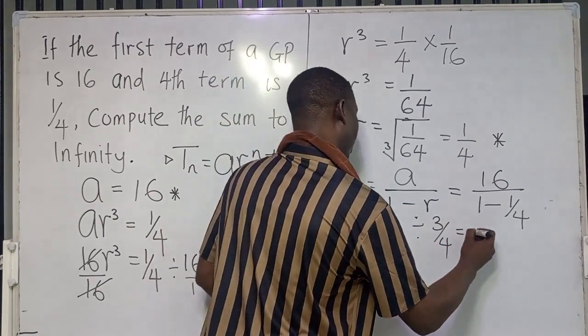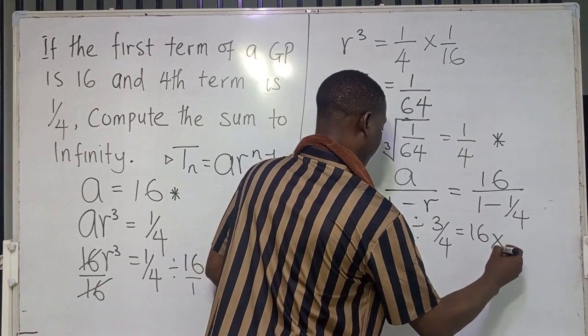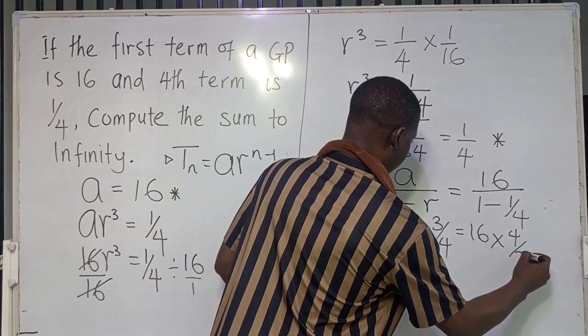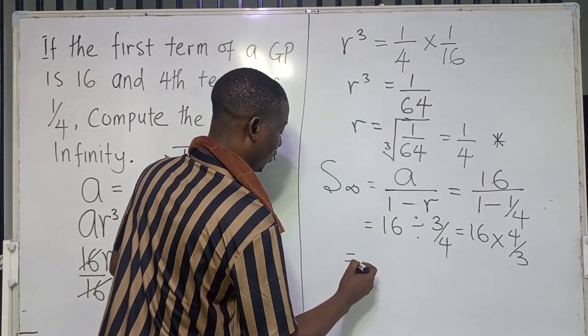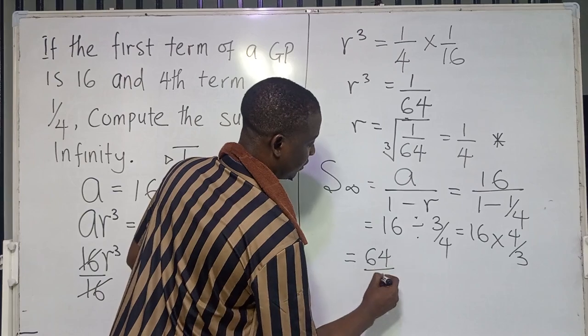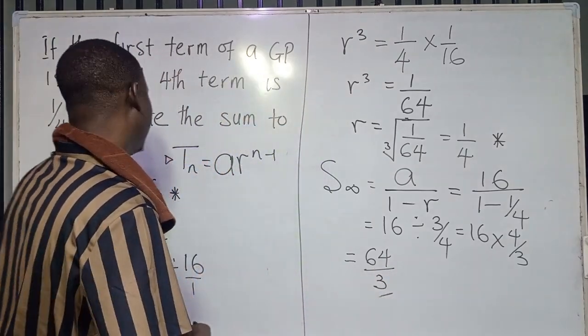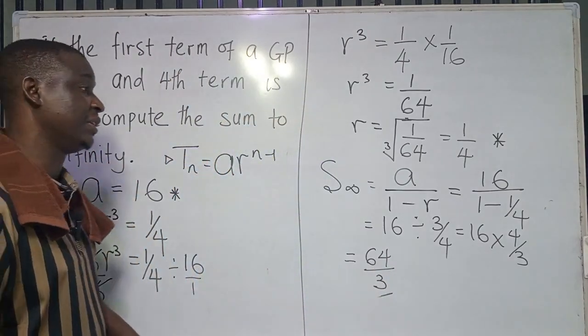So our answer becomes 16 times 4 over 3, which gives 64 over 3. You can check your answer in decimal. What do you have in decimal?